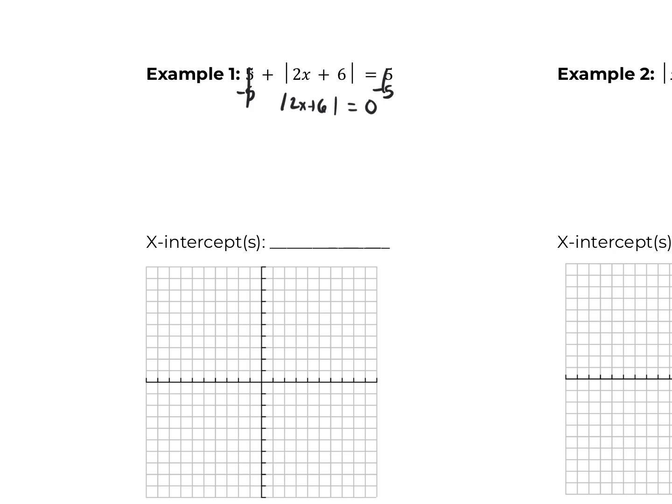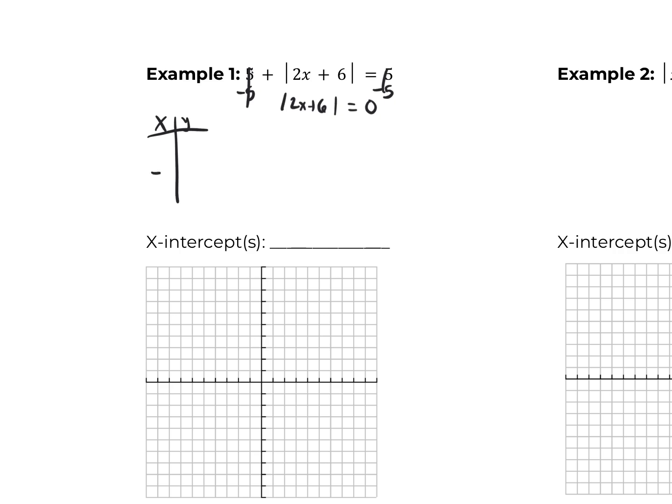Now what we're going to do is graph that by making a table, x and y. I know that my vertex is going to be whatever x value makes the inside of the absolute value 0. So let's see, 2 times negative 3 plus 6 would be 0.